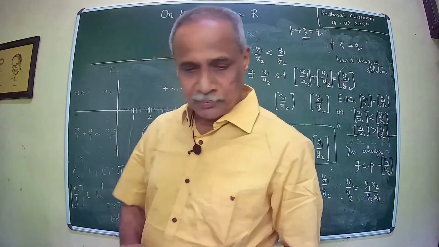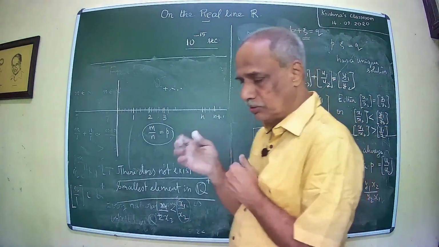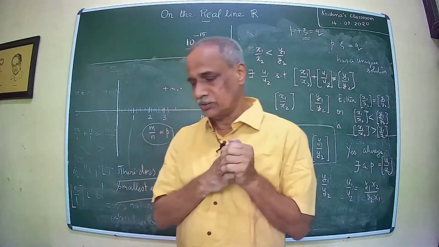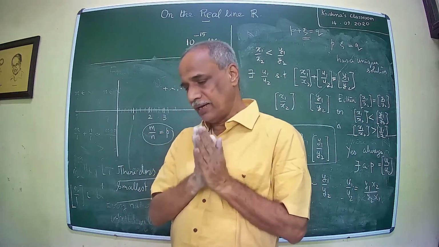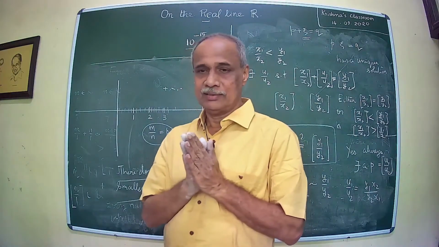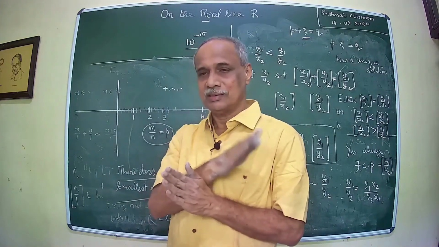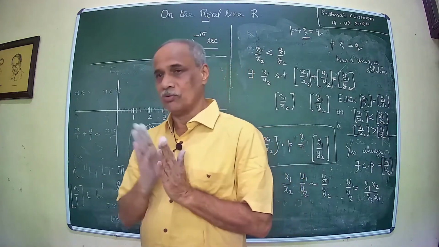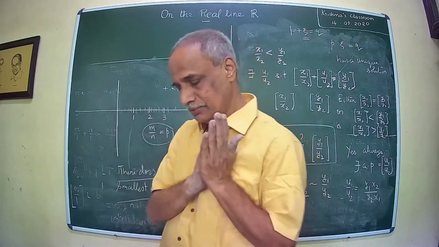So we have the following properties now. Every natural number has a unique natural number next to it to its right. Every natural number other than 1 has a natural number to its right and to its left, what you call the successor and the predecessor.